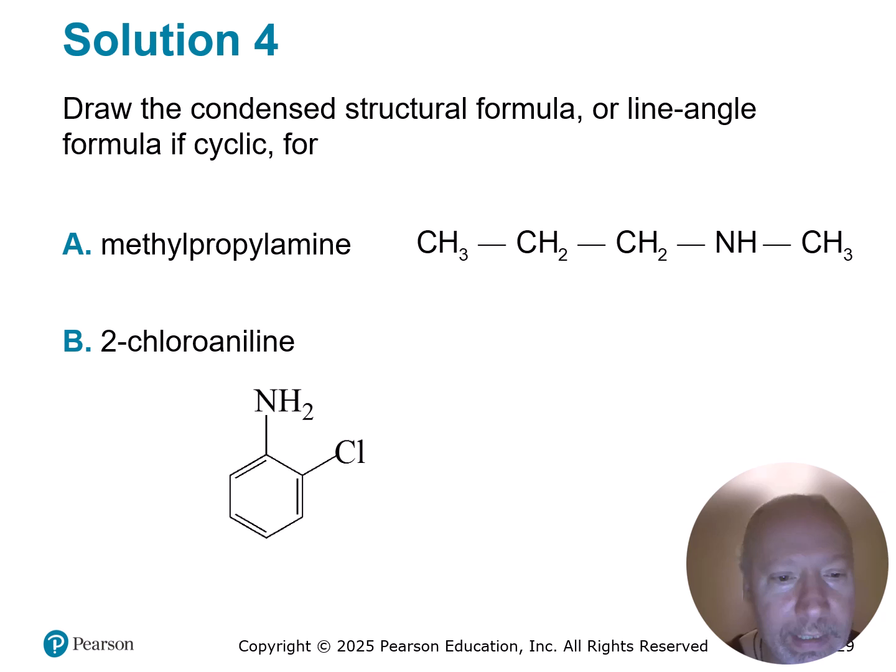So let's see if we can draw that, and there we go. Methylpropylamine, just as we would suspect, a methyl group on one side, a propyl group on the other, and hydrogen, of course. So it is a secondary amine. 2-chloroaniline, of course, is a primary amine, and just as you would suspect.